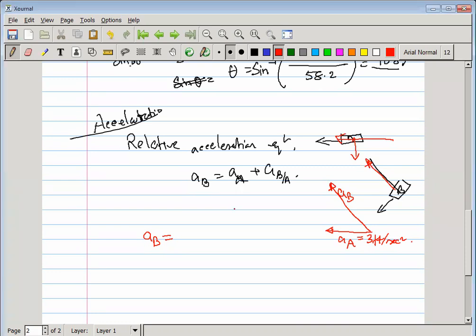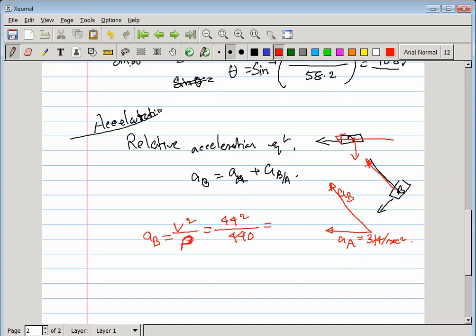Normal component, what is the formula? Remember anyone or forgot? That is v square by rho. And v is the velocity of that vehicle, which is 44 squared, and rho is given as the radius of curvature, it is 44.